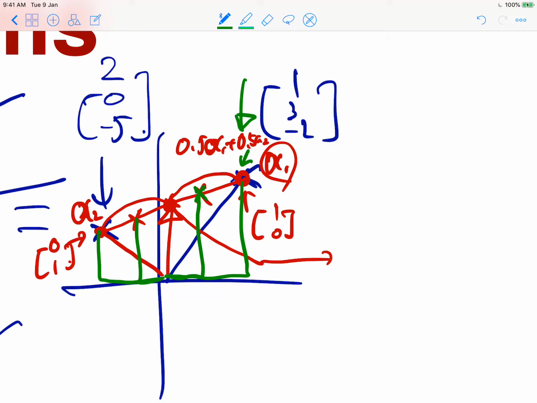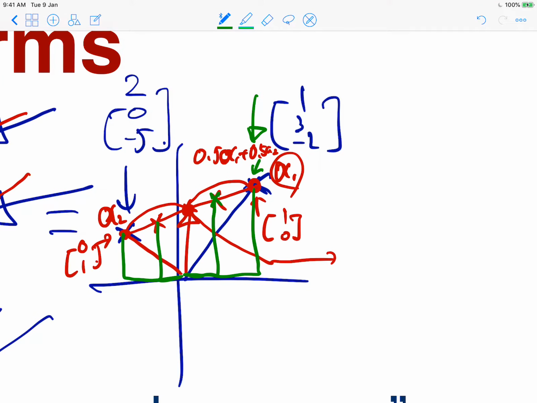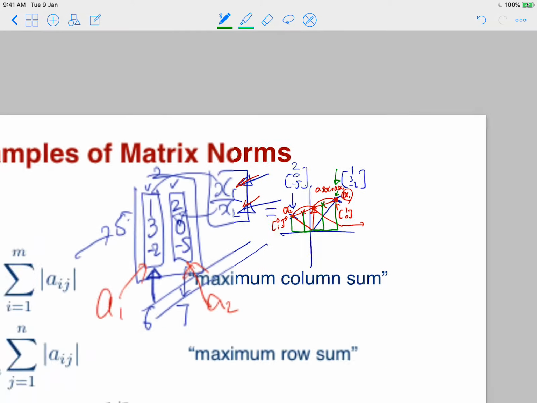This guy, x1, right? So although it is not a rigorous proof, we can intuitively understand that the best strategy to obtain the maximum L1 norm vector is to assign all the weights to the column that has the largest L1 norm. Okay.